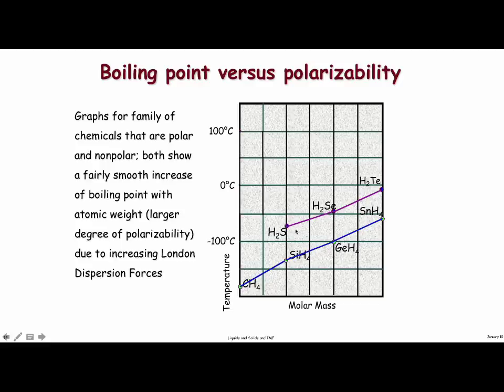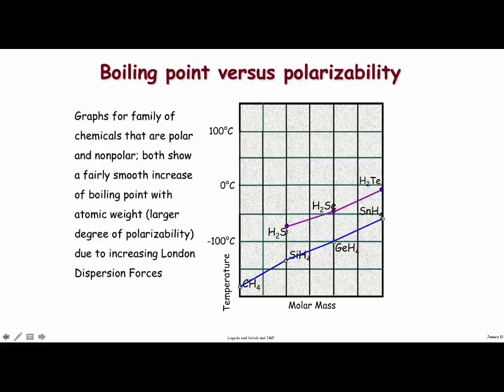Likewise, if we go to the next family, oxygen, sulfur, selenium, tellurium. H2Te is going to have a higher boiling point than selenium hydride, because tellurium is a bigger chemical than selenium, which has a higher boiling point than sulfur dihydride.